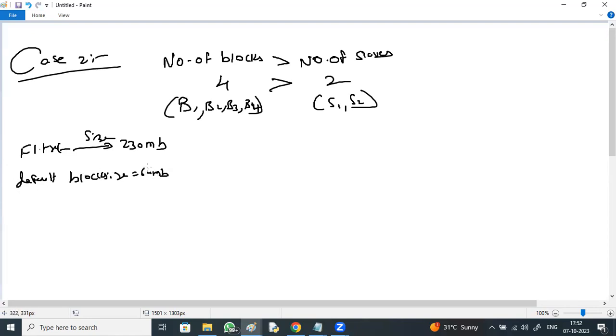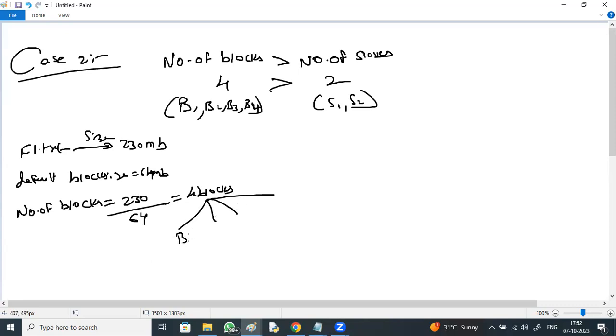Into how many 64 MB blocks is it divided? The number of blocks is 230 by 64, which is 4 blocks: B1, B2, B3, B4.